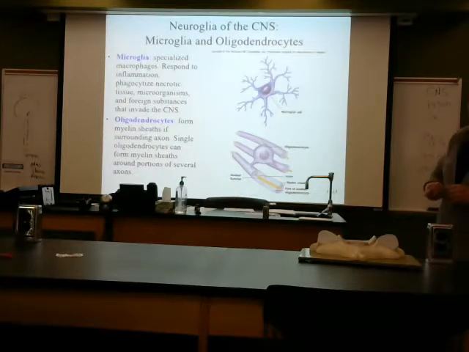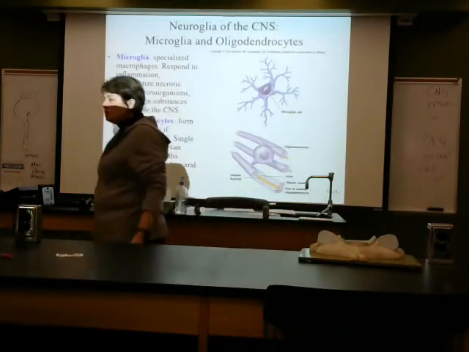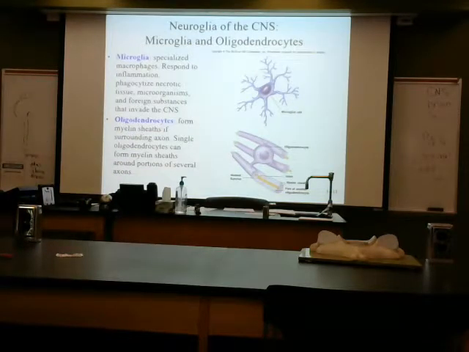Now, when you look at the central nervous system, the brain and the spinal cord, myelin, do you happen to know what it is? It's a fatty substance, okay? And it is a cushion around the axon.